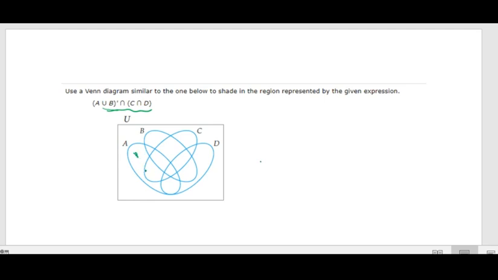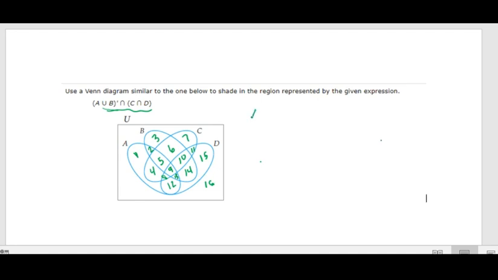Everything that's just an A is 1. This intersection, I'm going to call it a 2. This would be 3. This would be 4, 5, 6, 7, 8, 9, 10, 11, 12, 13, 14, 15, and 16.